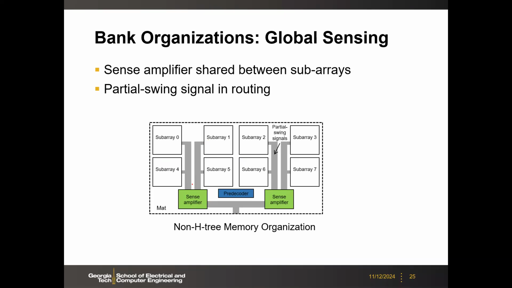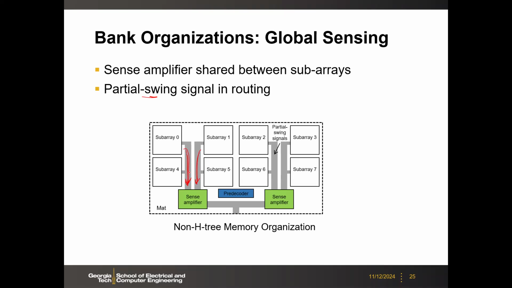So that means before the signal goes to the sense amp, it's a partial swing signal, right? It's not fully digital. It's some analog, either voltage or current. So then you're going to have the analog signal going through these long wires.